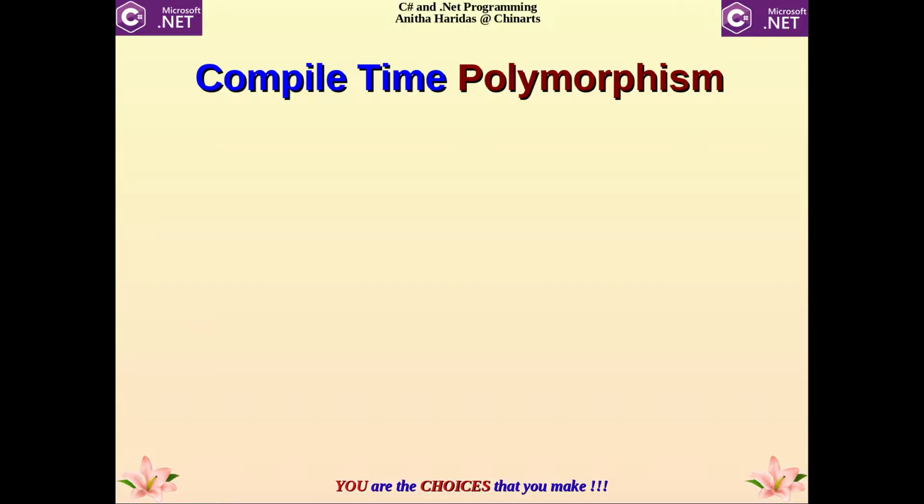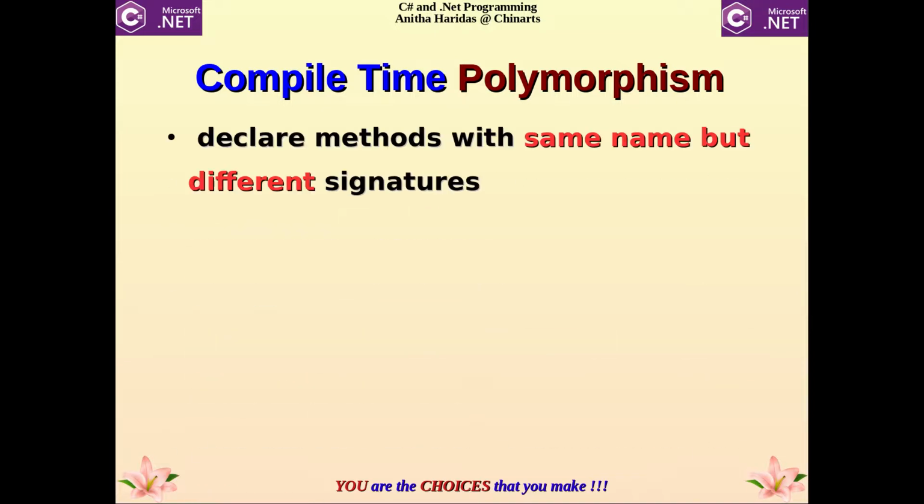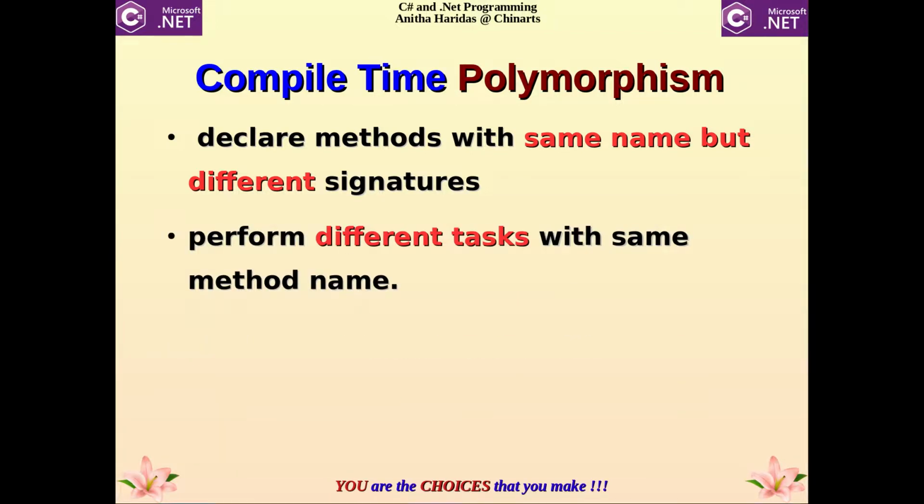To implement compile time polymorphism, we can declare methods with the same name but with different signatures. When I say signature, the number of parameters or the different types of parameters is called the signature of the method.